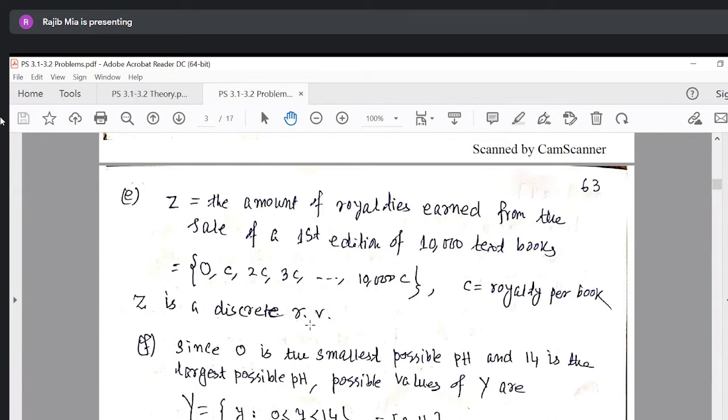So this is the case of a continuous random variable. If the possible values of x form a finite set or countably infinite set, like the set of natural numbers, then this is the case of a discrete random variable. And if the possible values of x lie inside a real interval like (0,1) or (1,2), then it is a continuous random variable. Okay, sir.